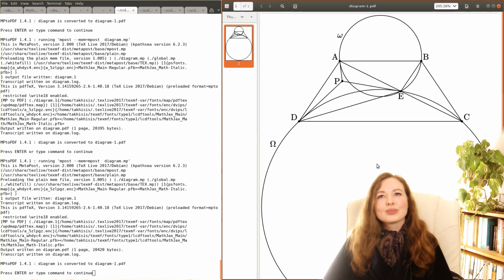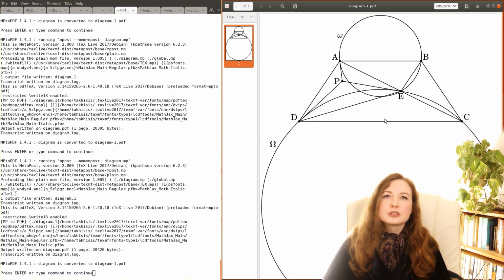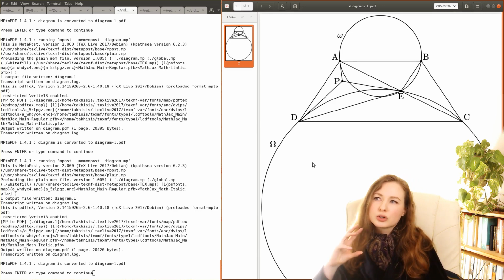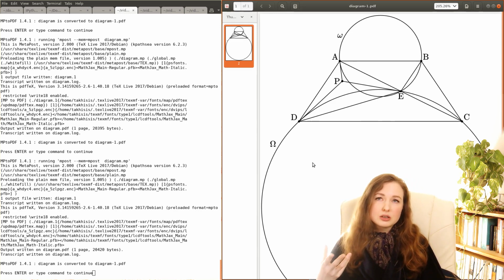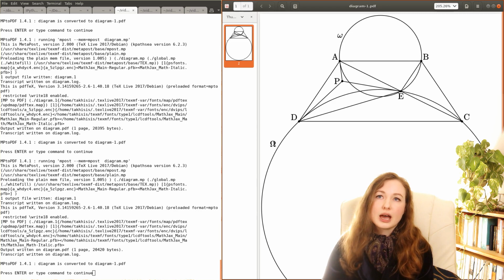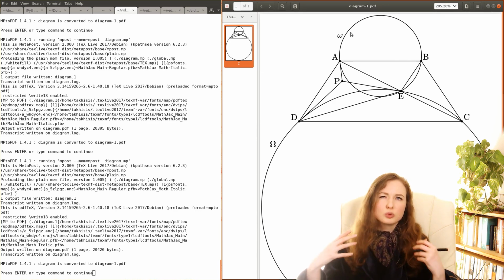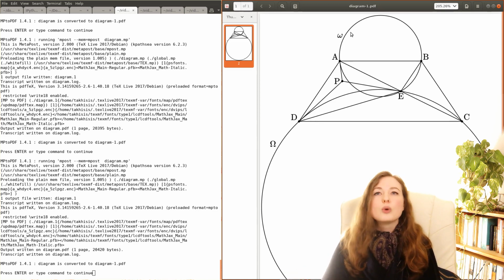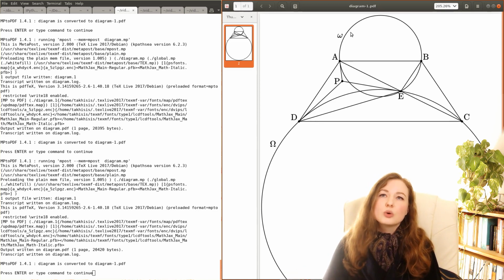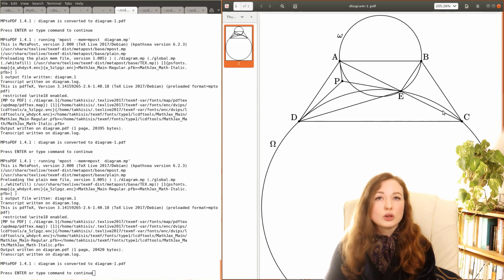Now, one of the first things that I tried to do was, how could we use the fact that PD is tangent to big omega and AP is tangent to little omega? Like, what do we do with that information? Well, what I was thinking is, we can use the theorem that the angle between tangent and chord, so this angle here, equals the angle in the alternate segment.